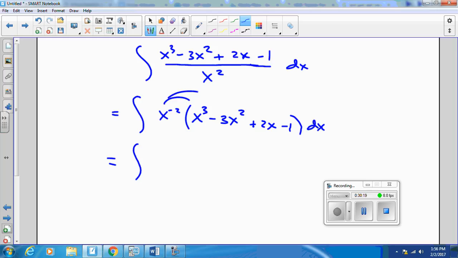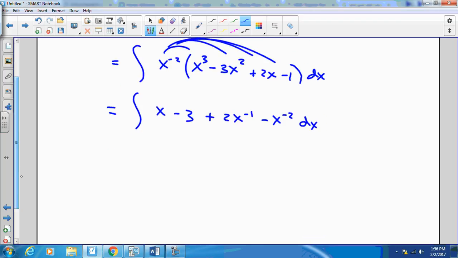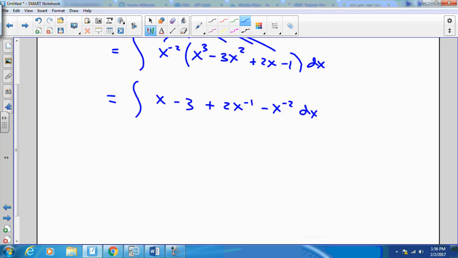And now distributing, I get the antiderivative of x to the first minus 3x to the 0 plus 2x to the minus 1 minus x to the minus 2 dx. Before we go through and integrate, does the algebra make sense for everybody? And now we go through and integrate, term at a time.